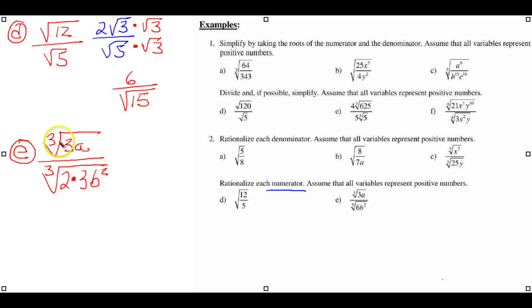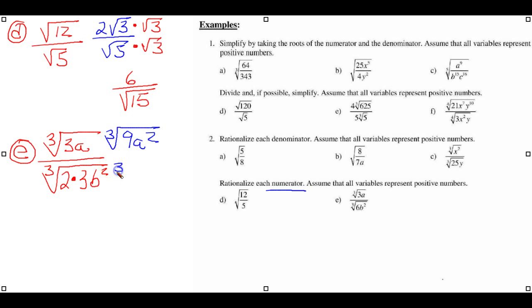Now for this one, we're looking for a cube root. So we have to multiply this by the cube root of 3 times 3. We need 3 3's, so this will be 9a squared.